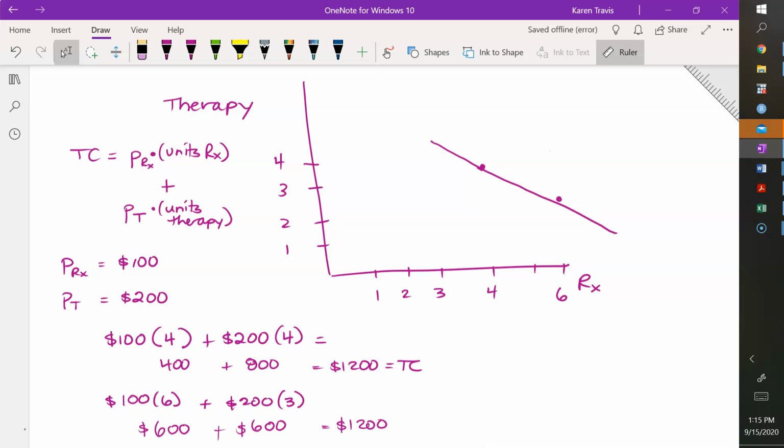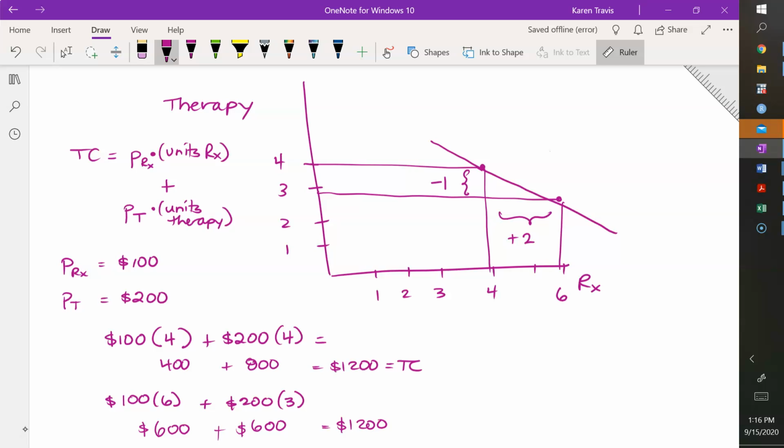Okay, so let's think about what happened here. My alignment is not the best, but let's imagine that this is 3, this is 4, this is 4, and this is 6. So what we can see here is if I gave up one therapy visit, I can afford 2 more units of prescriptions.